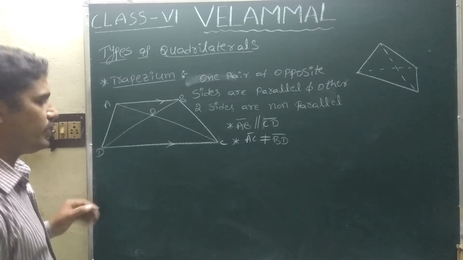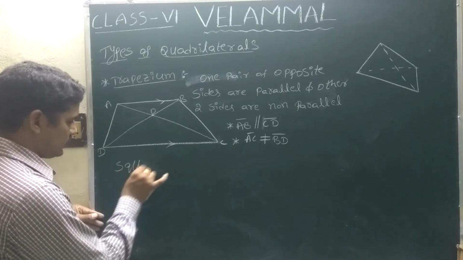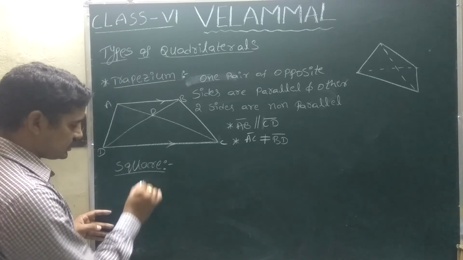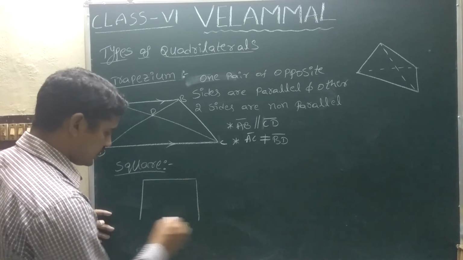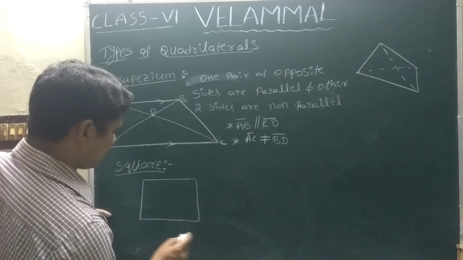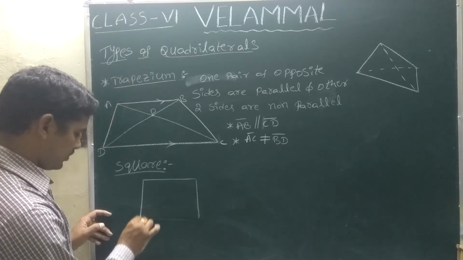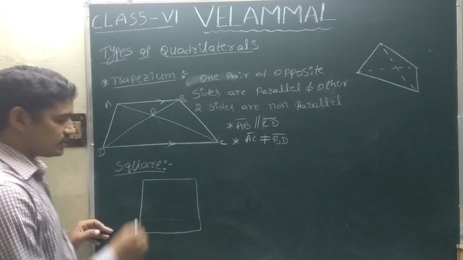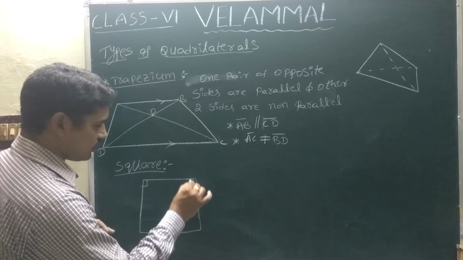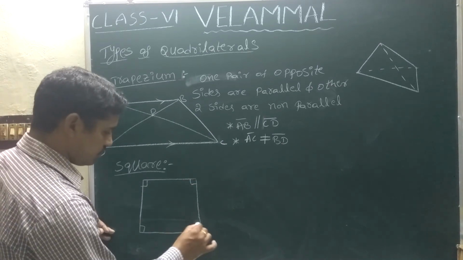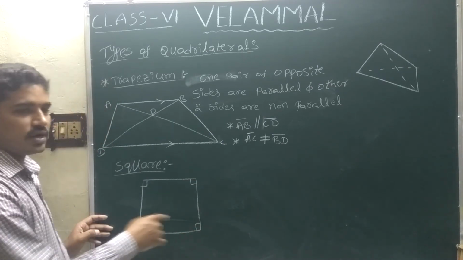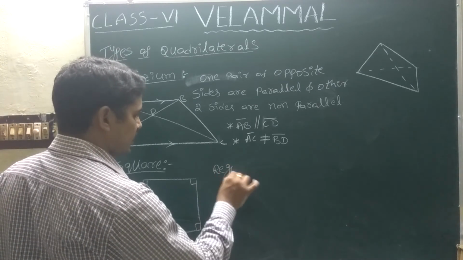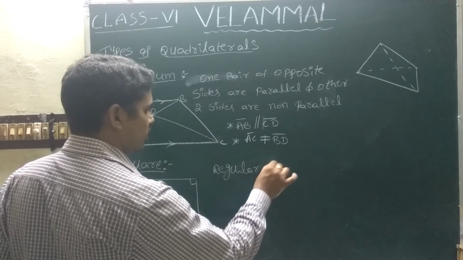And next, first we discussed a square, right? In this, all sides are equal and all angles are equal. Whenever in a polygon all sides are equal and all angles are equal, these are 90, 90, then we will say this quadrilateral is a square, and it can also be called a regular quadrilateral.